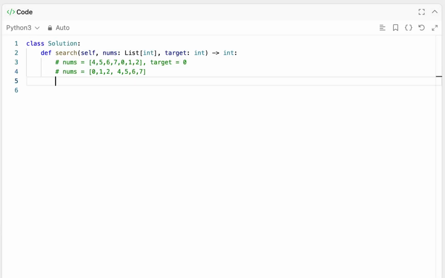So here we go. This is the input example 1 that I'm considering. And the way I'm going to proceed is in 2 steps. First of all, I want to find k.